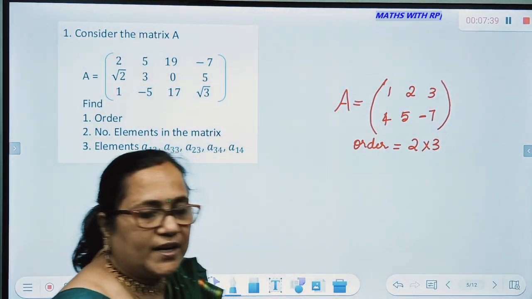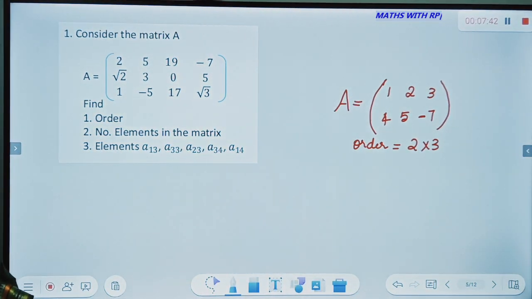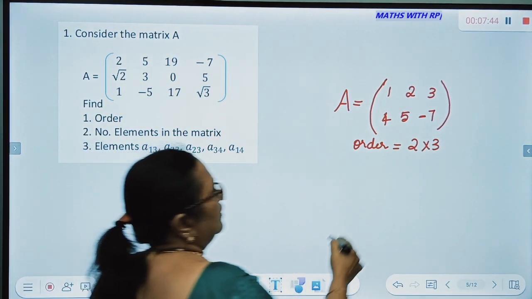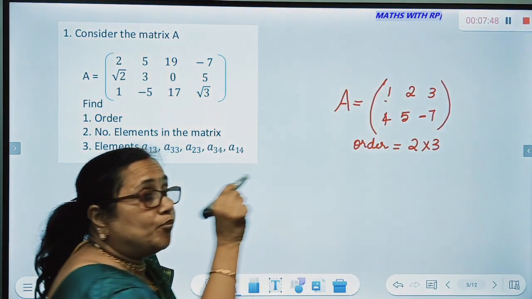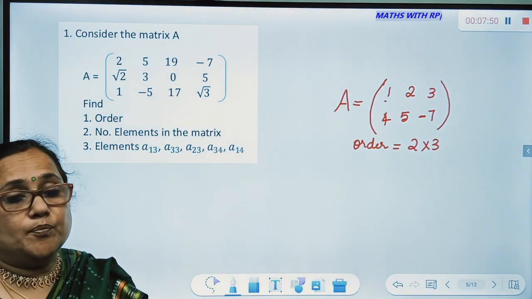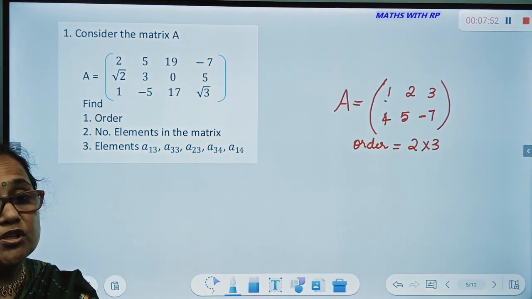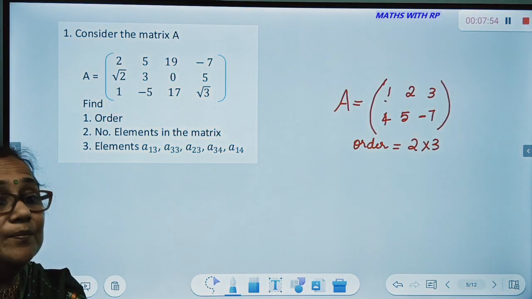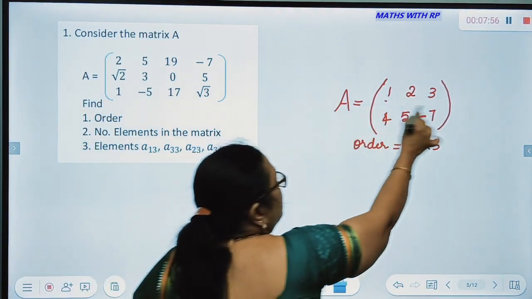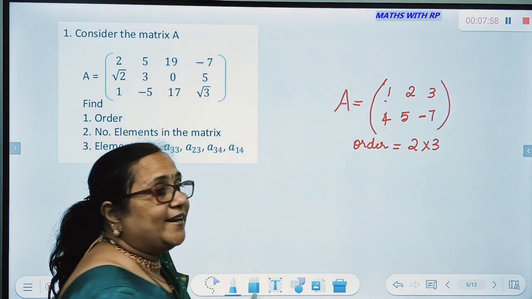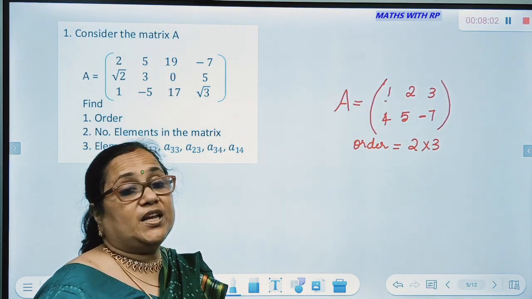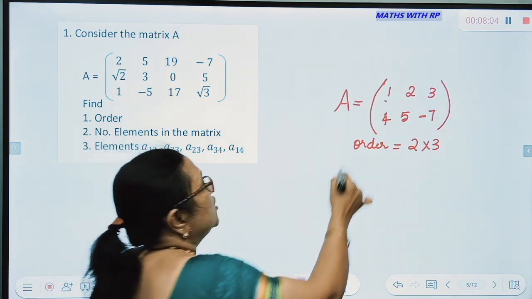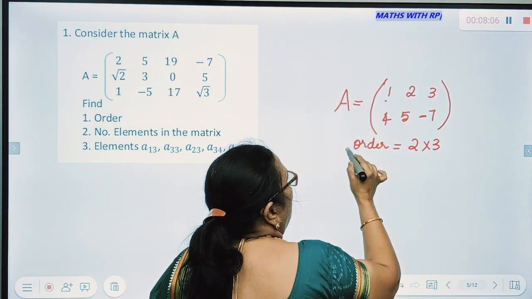So, let me name the matrix as A. Each element has a position in the matrix. The position is used to describe what are called the elements of the matrix. All these are elements. But each element is different in view of its position. Look at this element 1.